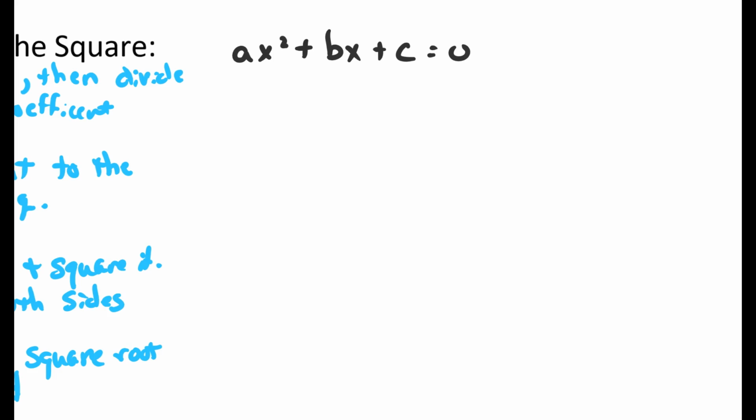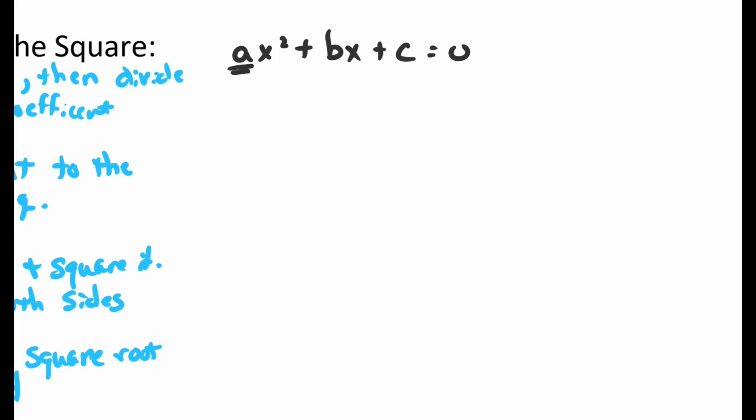A is going to be the leading coefficient. By the time I'm doing this, I only want a 1 in front of the x squared to make my life easier. B is the term that we always divide in half, and C is the one that we always move.